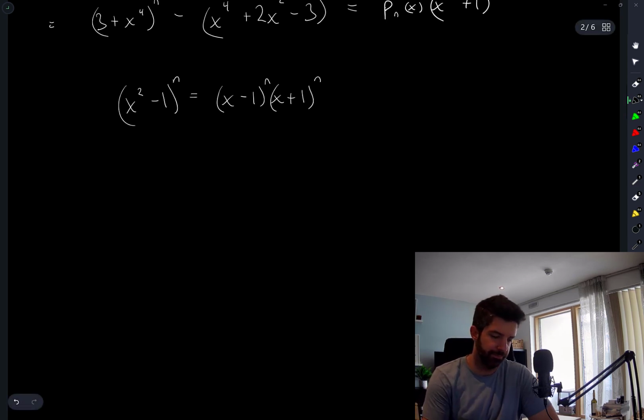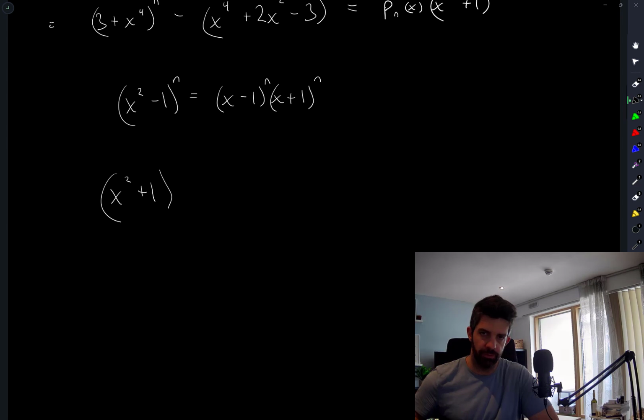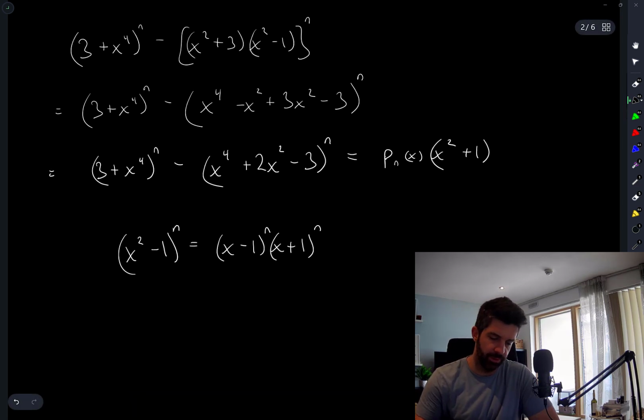What if I try: is x squared plus 1 a factor of x to the 4 plus 3? No, I don't think so. I don't know what idea I'm missing here.